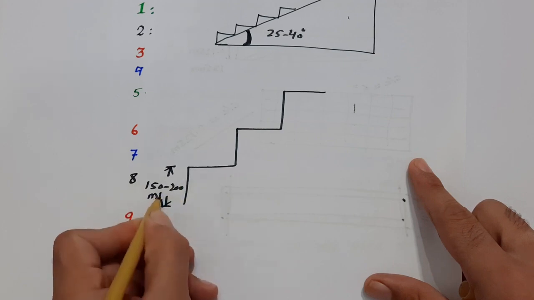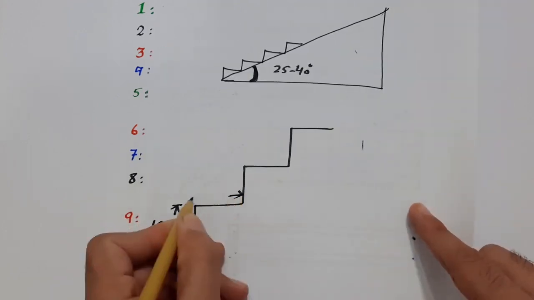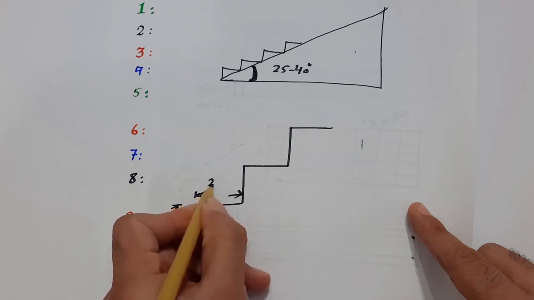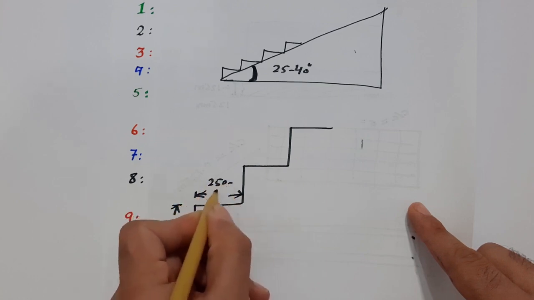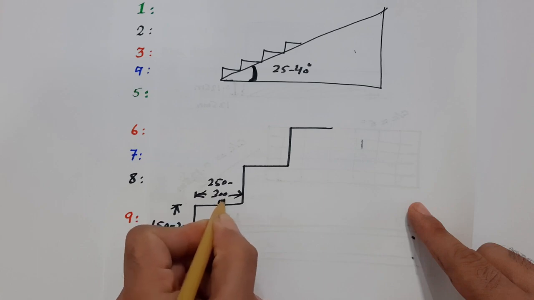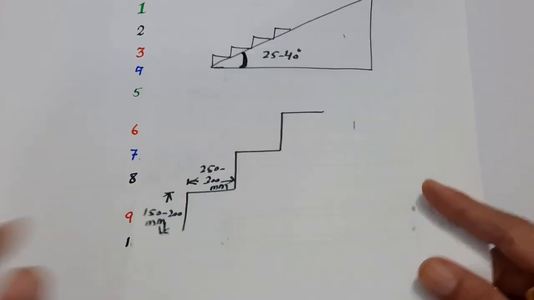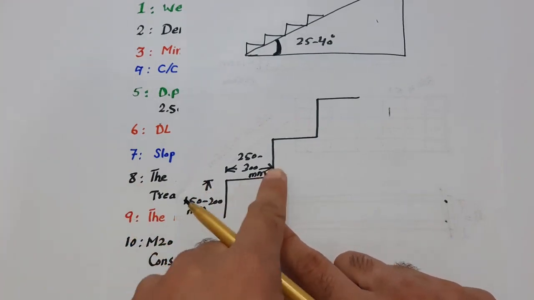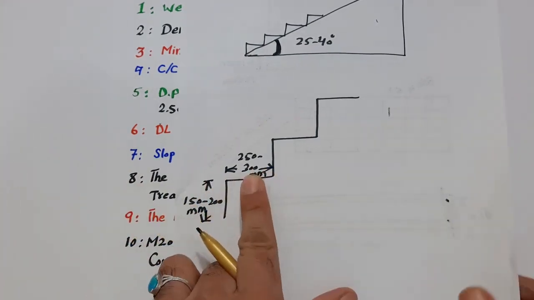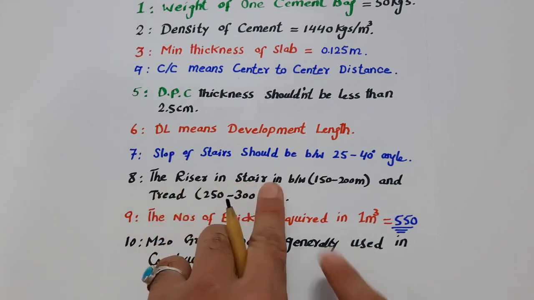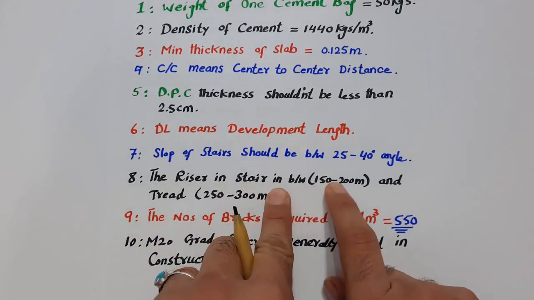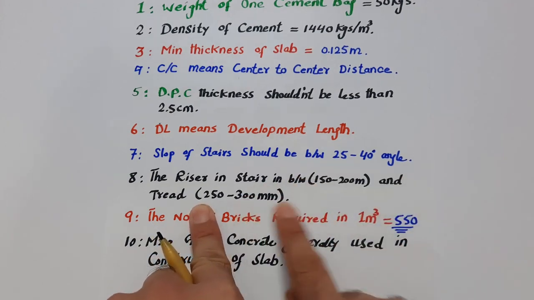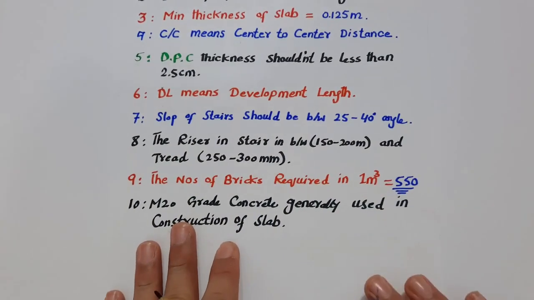This is called tread, which should be 250 to 300 mm. The vertical is riser, the horizontal is tread. So the riser is between 150 to 200 mm and the tread 250 to 300 millimeters. This is very important and useful.